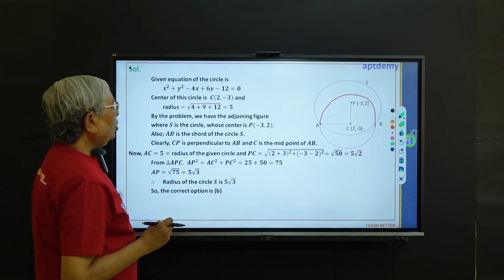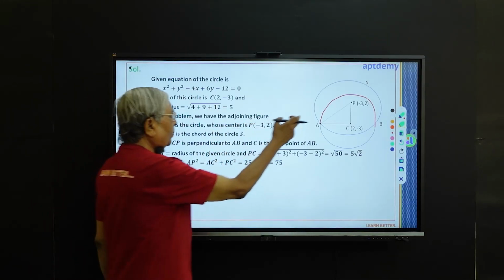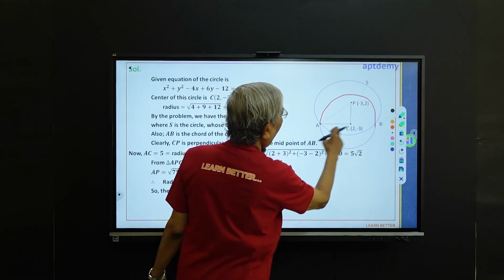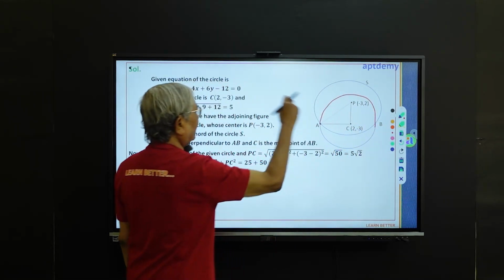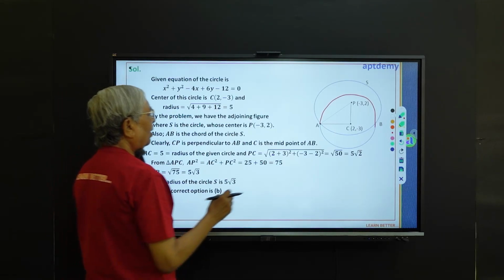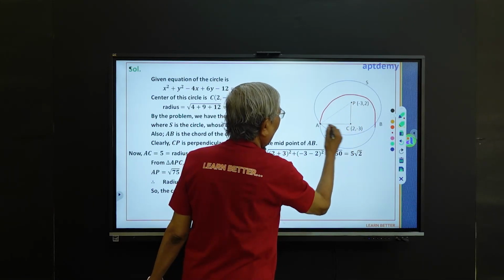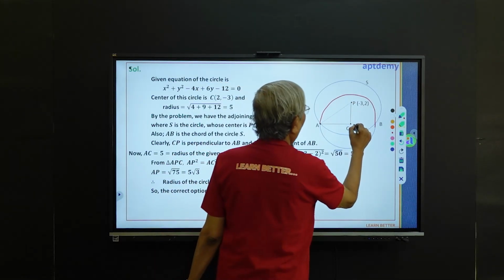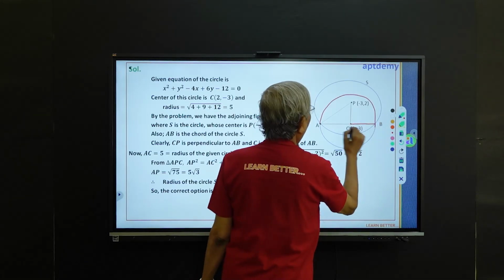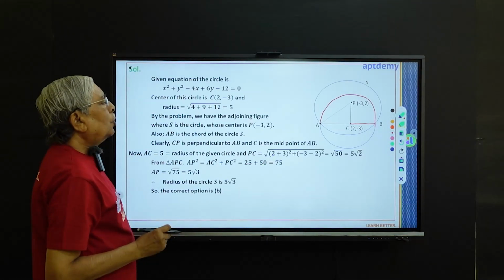Also, AB is the chord of the circle S. That is, the diameter of this circle is the chord of the circle S. So AB is the chord of the circle S. If we drop a perpendicular, that is, if we join P and C, that will bisect this chord AB.